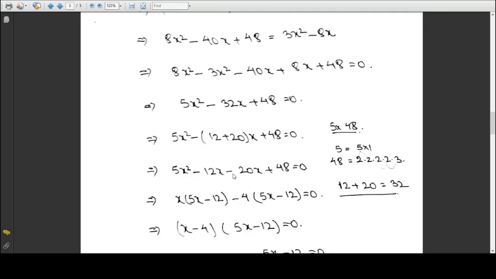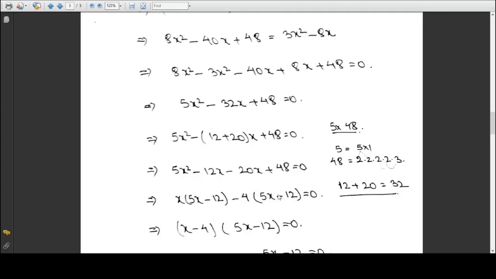And for the other two terms, 20 and 48, the common factor is 4, because 4 times 5 is 20 and 4 times 12 is 48. Since we have taken minus outside as a common factor, minus becomes plus 20 divided by 4, you will get 5x, and 48 divided by 4 is 12.